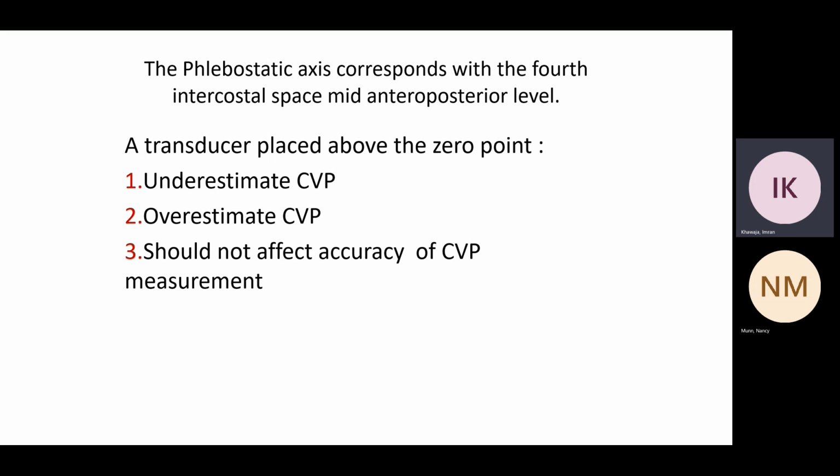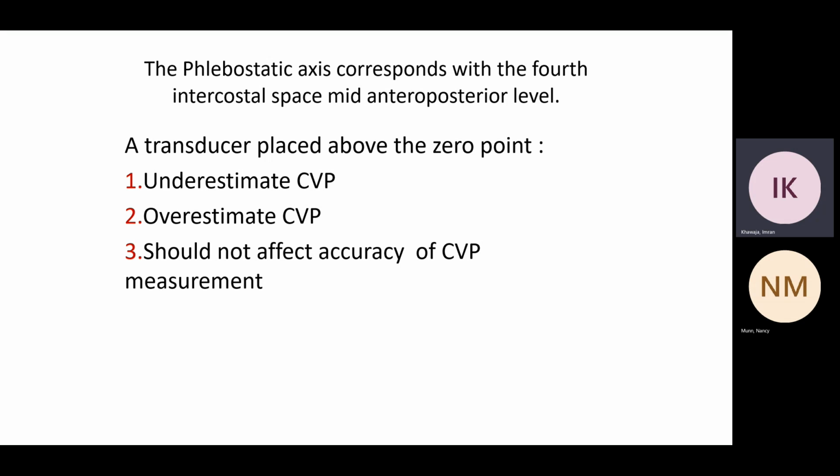Remember yesterday we said above and leveled. If you take 1 millimeter mercury as 1.36 centimeter H2O, you can really make a big difference placing your catheter above by like 10 centimeter. That can falsely lower your wedge by about 8 millimeter mercury. You can miscategorize your patient if you're looking for someone with pulmonary hypertension, depending on where you place your pressure transducer, whether it's leveled correctly or put above or lower.